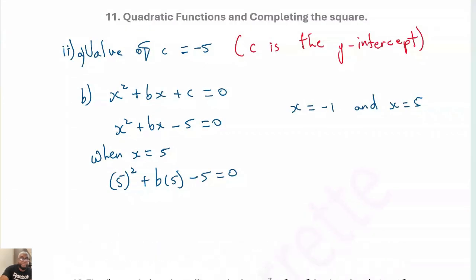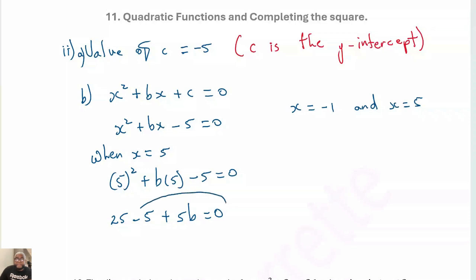5 squared is what? Anybody? 25. So 25, I'm putting the minus 5 next to the 25, minus 5 plus b multiplied by 5, which is the same as just writing 5b. Is everybody clear there? Equal to 0, which is on this side. 25 minus 5 will be 20.